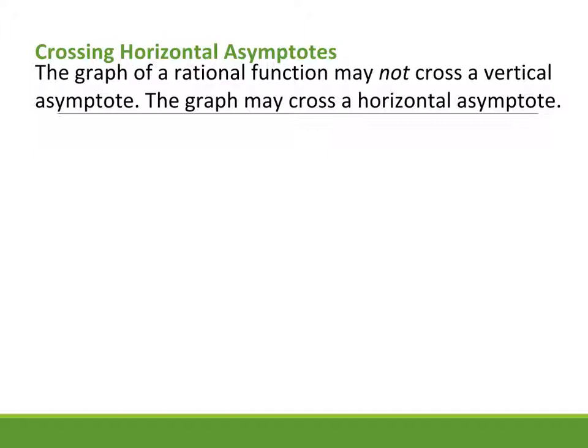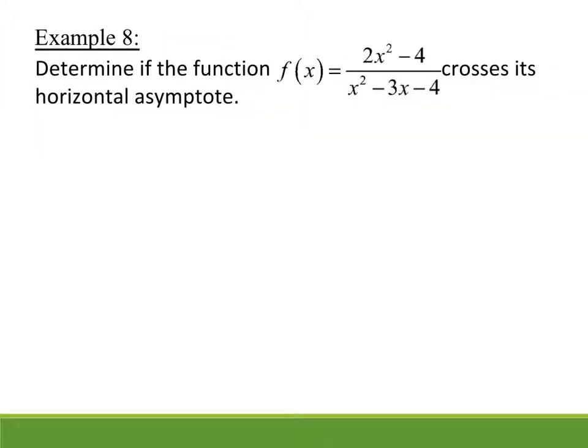So, crossing the horizontal asymptotes. The graph of a rational function may not cross a vertical asymptote, but the graph may cross a horizontal asymptote. Determine if the function f of x equals 2x squared minus 4 divided by x squared minus 3x minus 4 crosses its horizontal asymptote. Well, what is the horizontal asymptote?